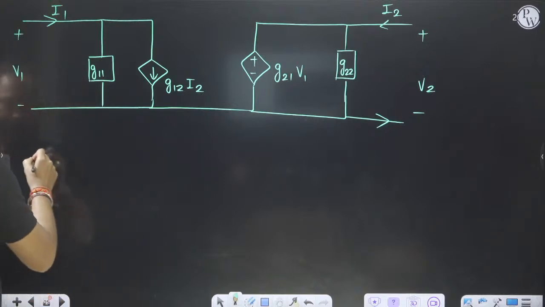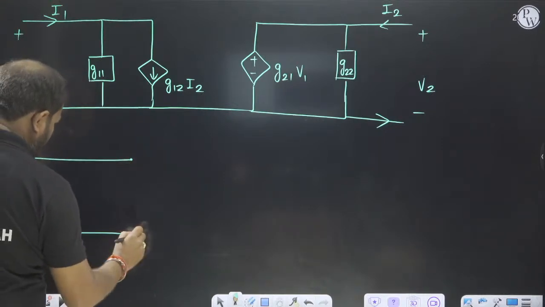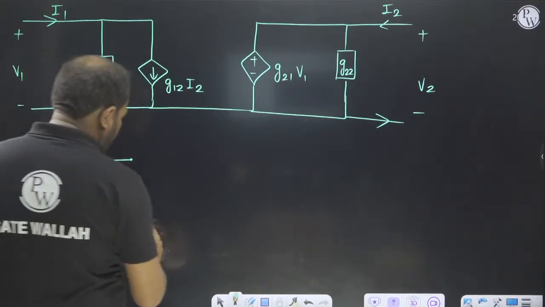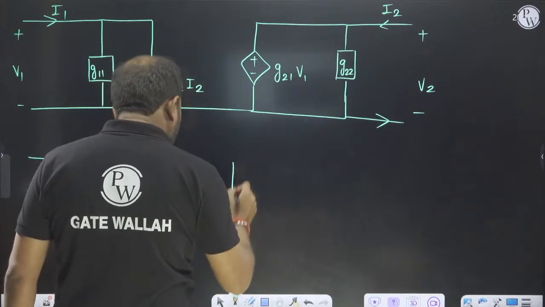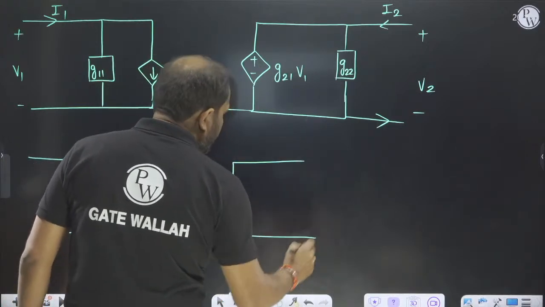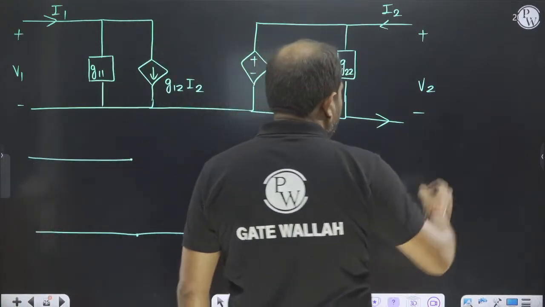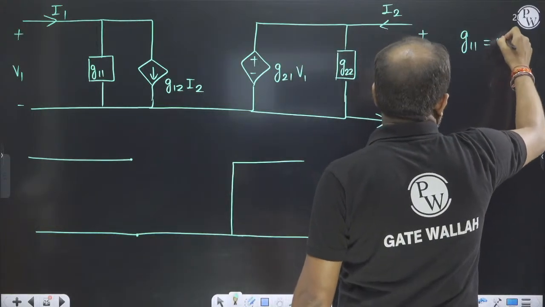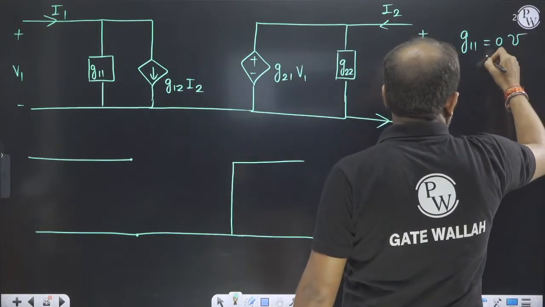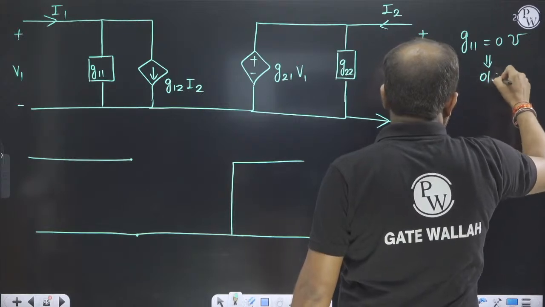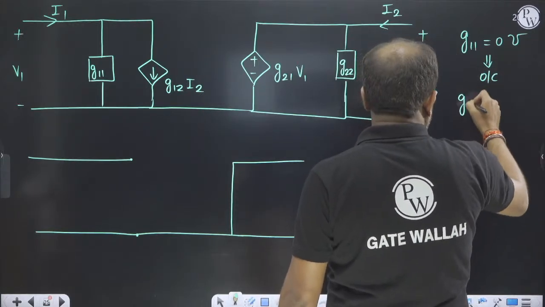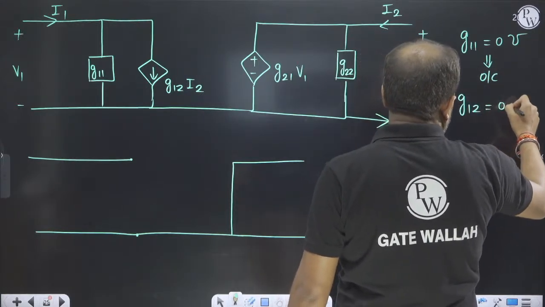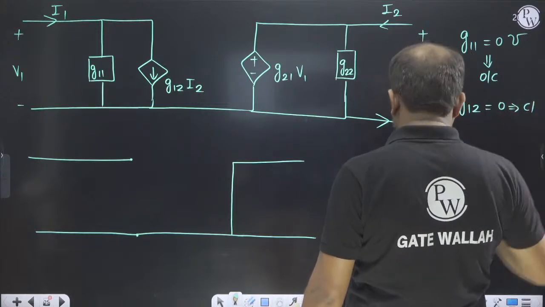In this case, there is an open circuit and a short circuit. So we can think like this: G11 is 0 mho, open circuit. G12, current source, open circuit.